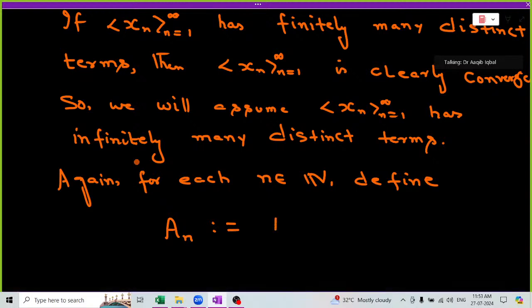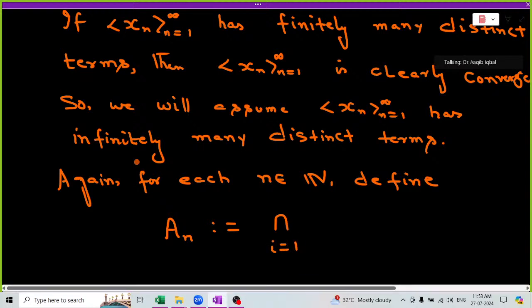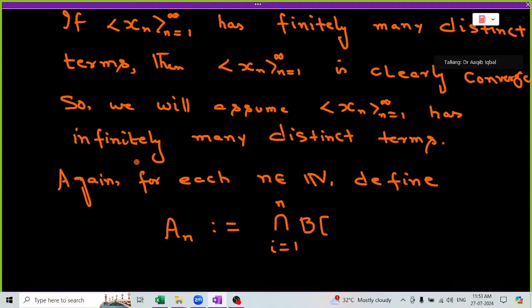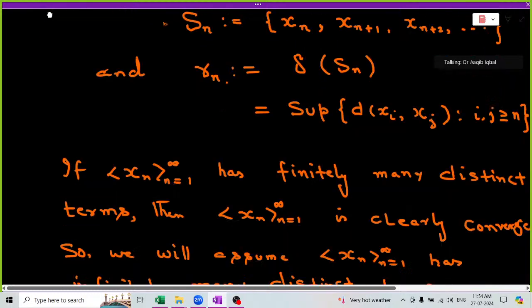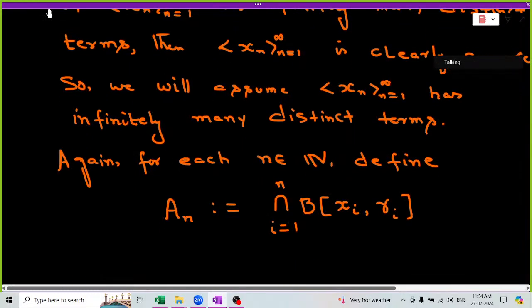It is defined as the intersection, i runs from 1 to n, of the closed ball B, center is xi, the ith term in the sequence, and the radius is going to be ri. वही rn जो ऊपर आप डिफाइन किए, ri, which is actually the diameter of si. तो ये है.